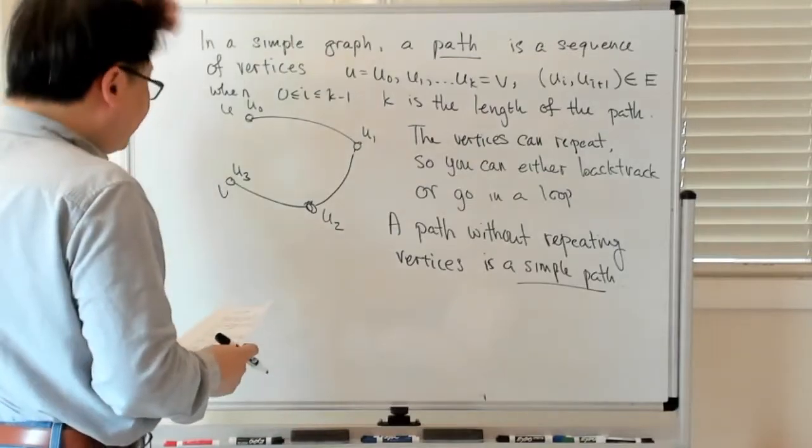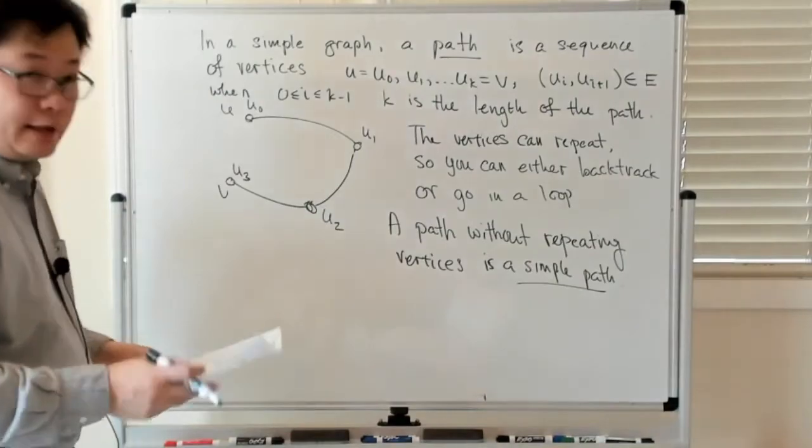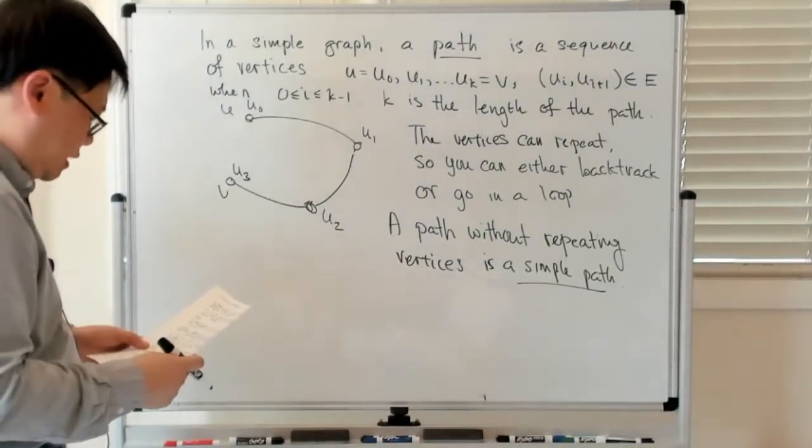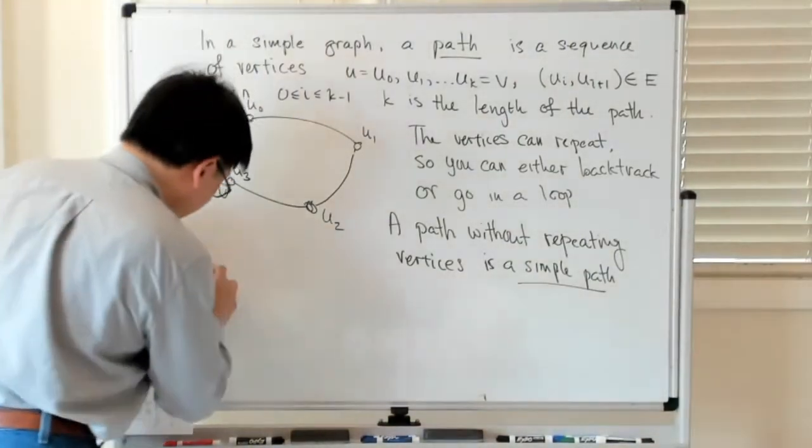Now we have this idea of paths, we're in a position to talk about the idea of connectivity, and whether or not a simple graph is connected. Let me define this for you.